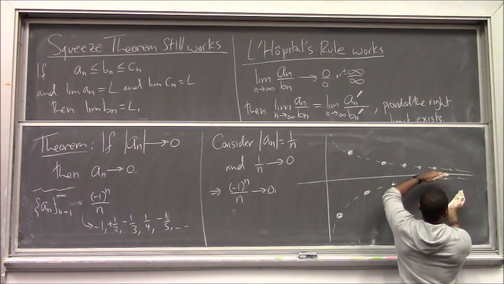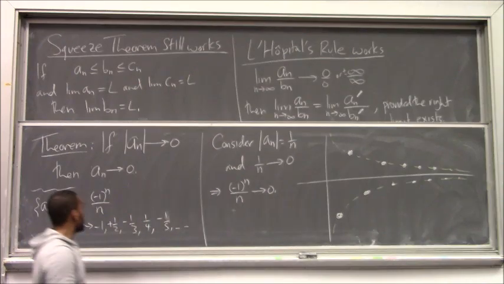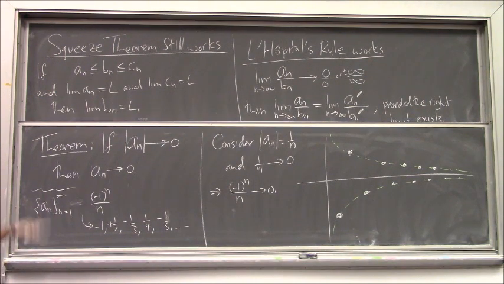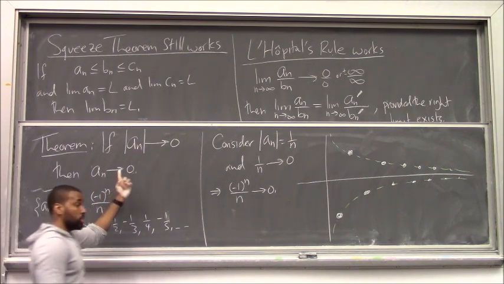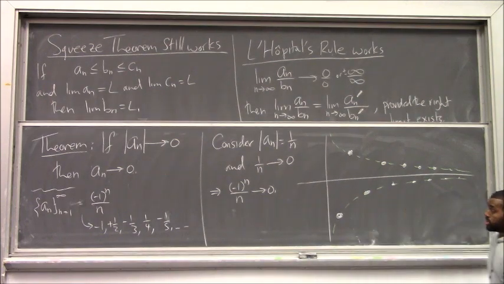But essentially, from both sides, they're all squeezing into 0. So I can still determine that the limit approaches 0, even though there's kind of a jumping up and down that's happening. And absolute values is going to help out with that. Knowing when a sequence approaches 0 specifically is going to be very important in the future. So we're going to want to know when it approaches 0 in all cases.